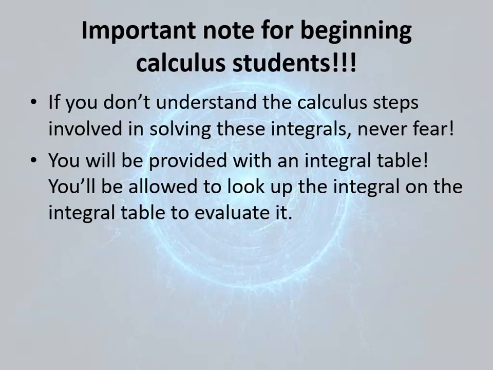Now, as I mentioned, for beginning calculus students, there are a few people who take this course while they are also taking their first year of calculus. So just keep in mind that you will be provided an integral table on the test. The point is understanding how to turn the physics problem into an integral, and then using some algebra to manipulate your integral into something that's actually in the integral table. So in truth, at the end of the day, all you're really doing here is algebra and then using calculus principles.